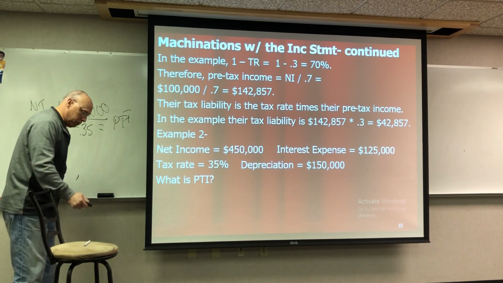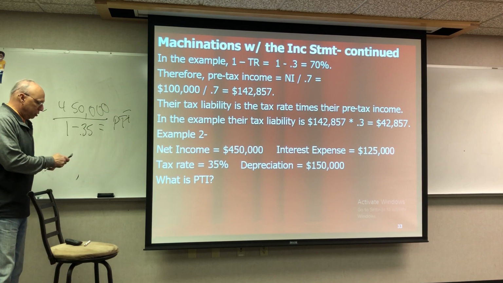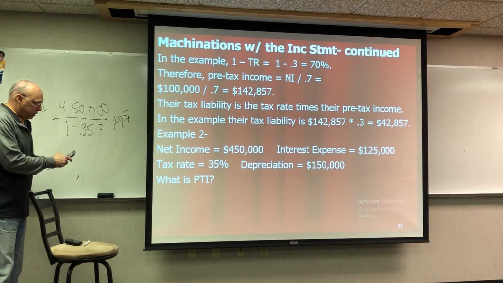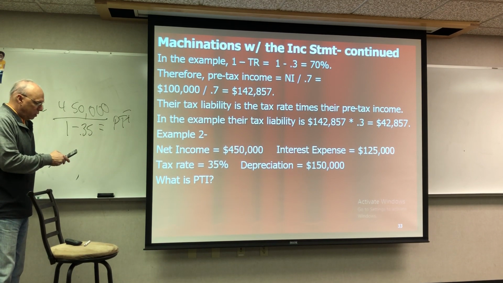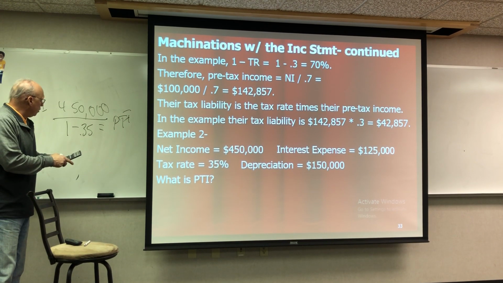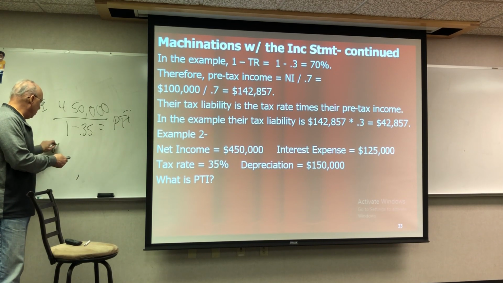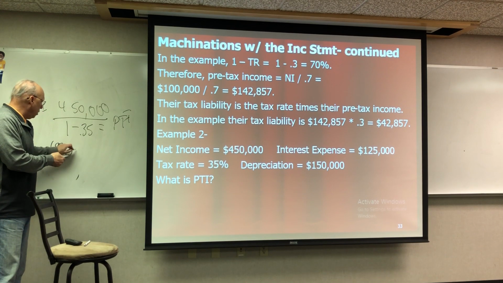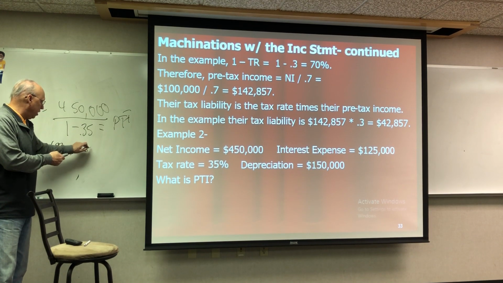So let's do that. Let's clear it out: second future value, second CEC, and we have $450,000 divided by 1 minus 0.35, which is 0.65, and we get 692,307.69.